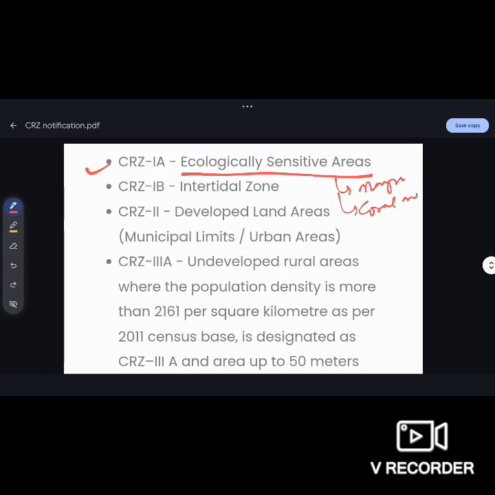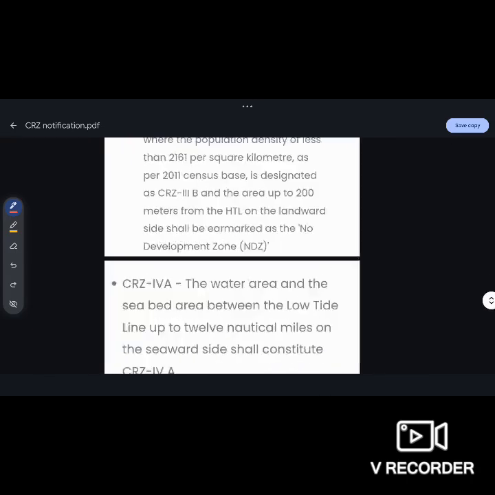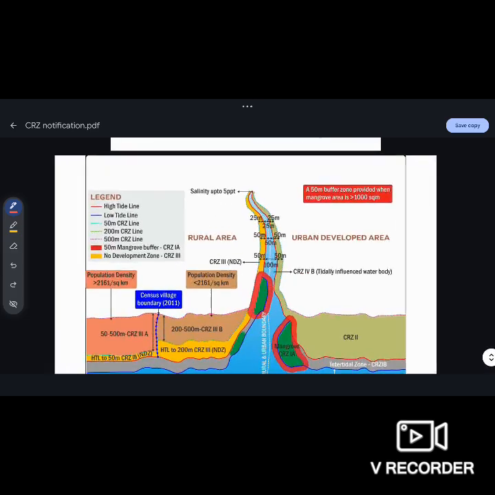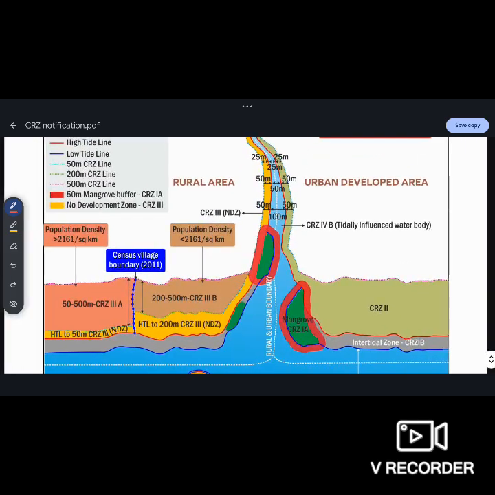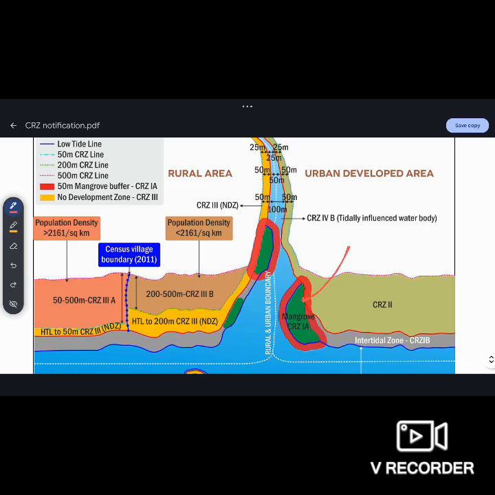So let's look at and mark this area on a diagram. This is a schematic diagram for all regulated coastal areas. Under this, you can see this green patch. This green patch is basically representative of mangrove patches. All these patches are mangrove patches, and all these green areas are under CRZ 1.